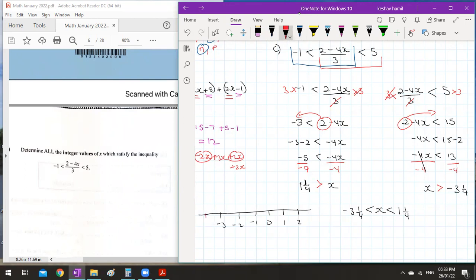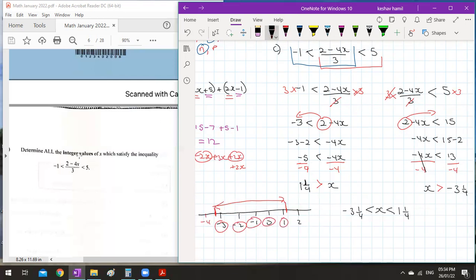Now note, this is -4. -3 and a quarter is not on the side of the line. It will be like here. And 1 and a quarter will be something like here. So what are the integers or the whole numbers in between this area here? So we have -3, -2, -1, 0, and 1.